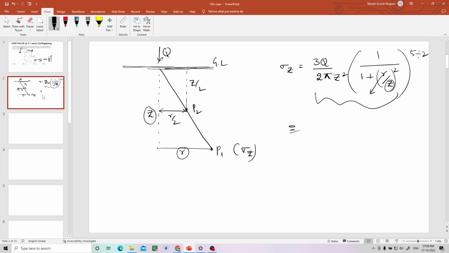So at point P1, sigma z will be the same formula, just coincidentally z equal to z, r equal to r. So at P2 we will solve now. 3Q by 2 pi, z means depth. So what is the depth for P2? It is z by 2.